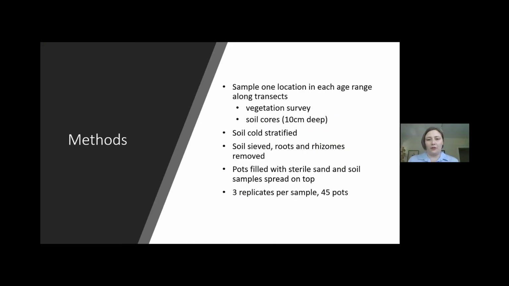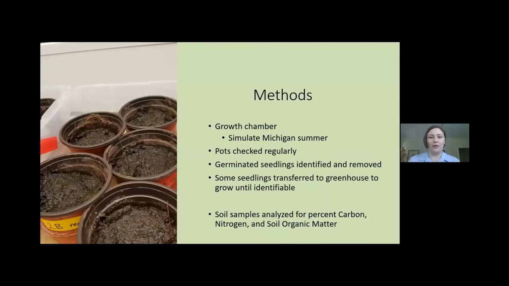We sampled along a random transect with a vegetation survey and took soil cores. The soil was cold stratified to replicate overwintering, and planted in pots that were then put in a growth chamber to simulate a Michigan summer with the light, humidity, and temperature. Water was kept level at the soil surface to mimic mudflat conditions.